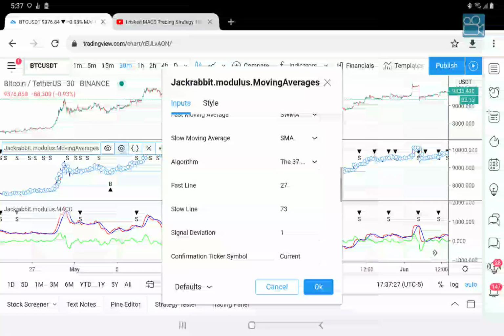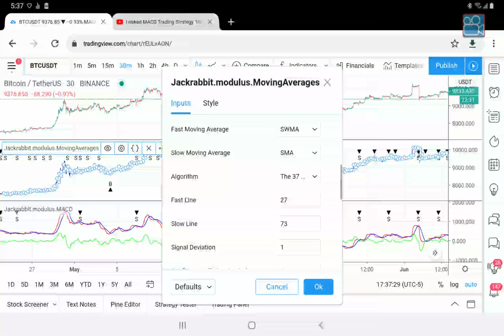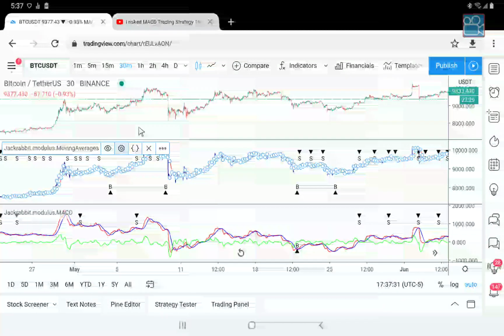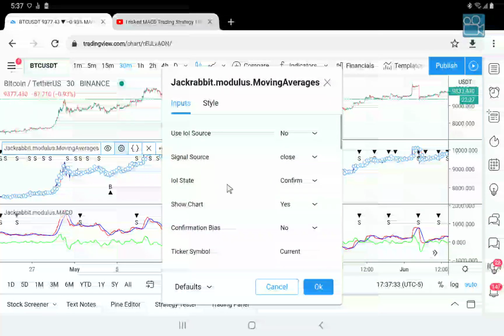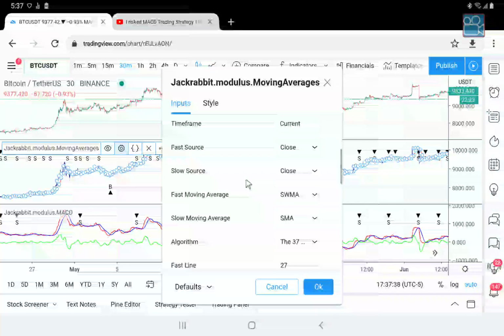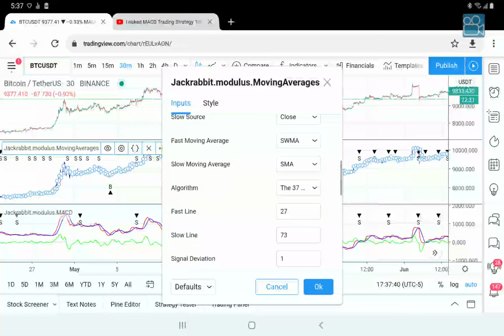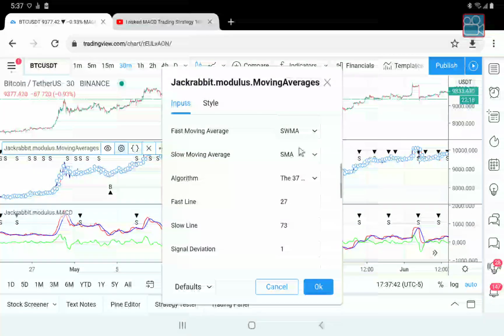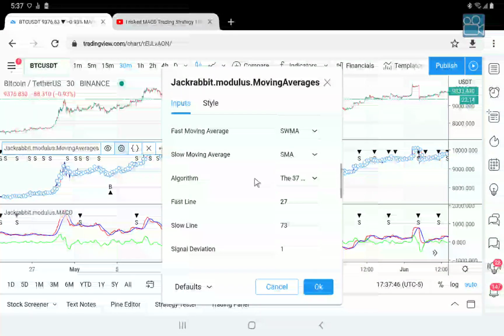This is literally all of the settings of this whole system. Come back here. Nothing else. No time frames, nothing special. Put your fast moving average to SWMA. Put the algorithm to the 37 rule. Put your fast line to 27.